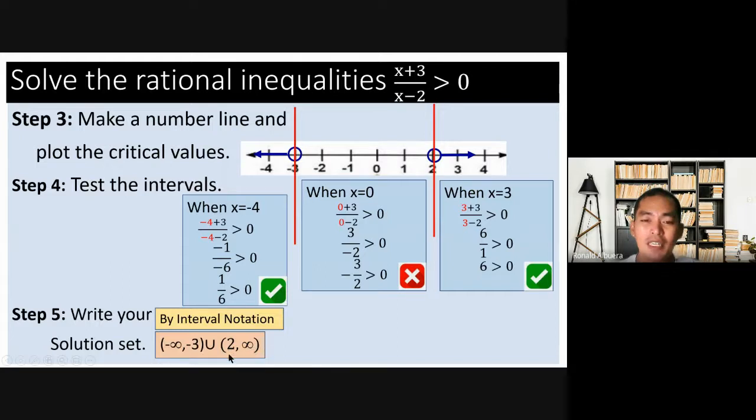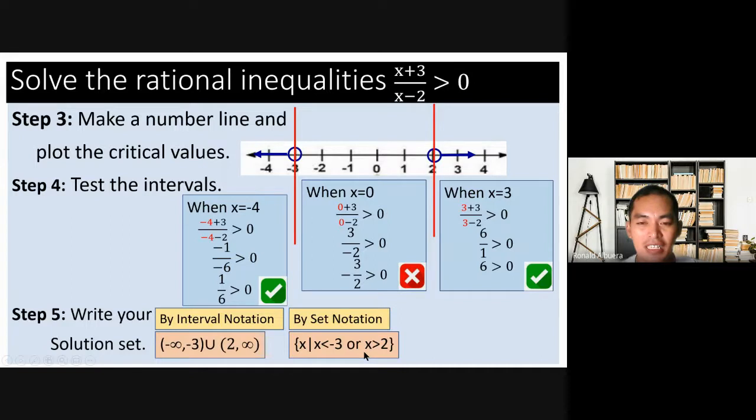How about by set notation? We have the set of all x such that x is less than -3 or x is greater than 2. The symbol union is equivalent to the connector or. If it is intersection, that's equivalent to and.